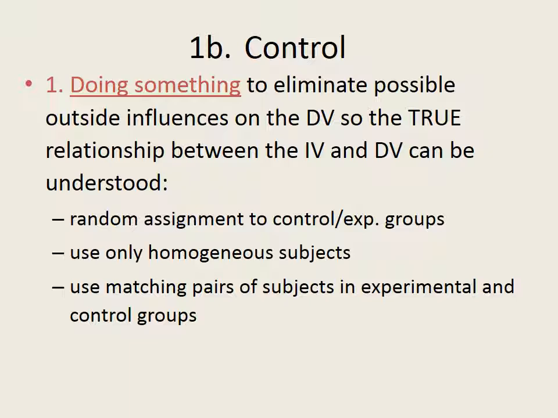So if there's random assignment to a control and experimental groups, and you use only homogeneous subjects, or you use matching pairs of subjects in an experimental group and in a control group, then you've got a really good control in a true experiment.